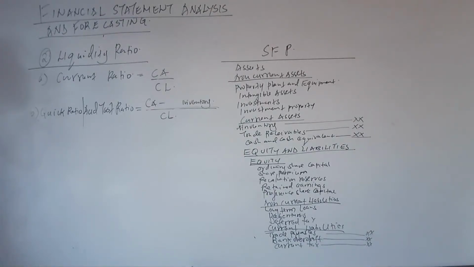And 2, inventory is valued at the lower of historical cost and net realizable value.